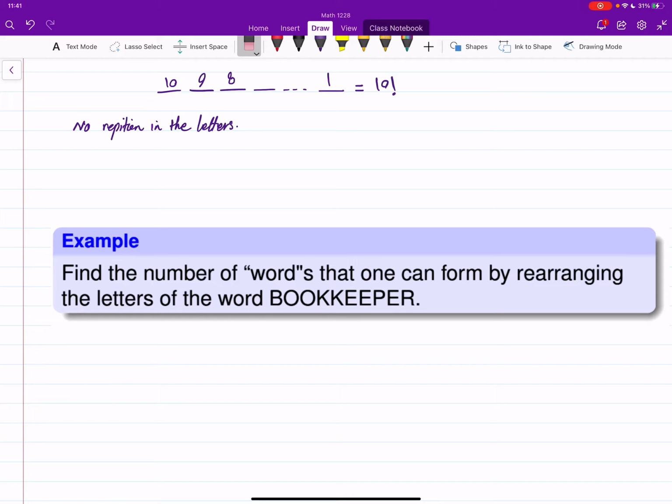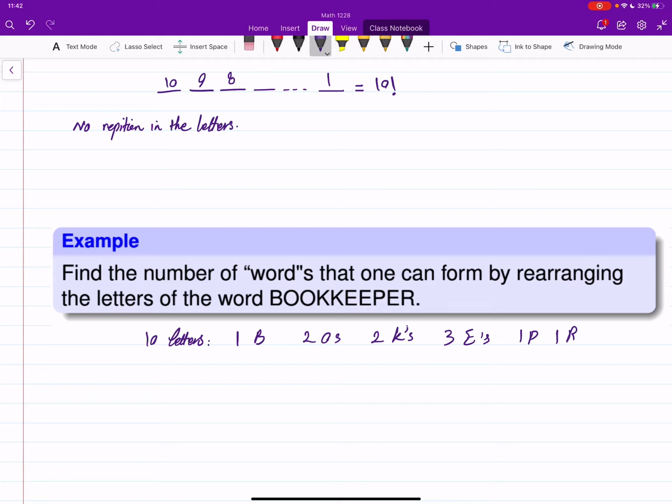So in total 10 letters: 1 B, 2 O's, 2 K's, 3 E's, 1 P and 1 R. So 1, 2, 5, 7, 10, yes.